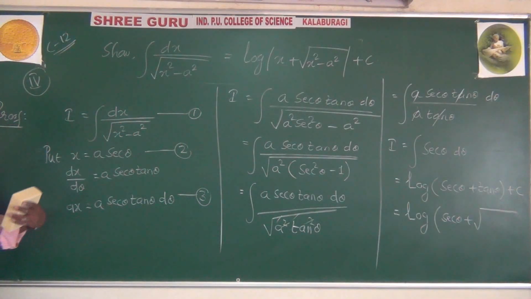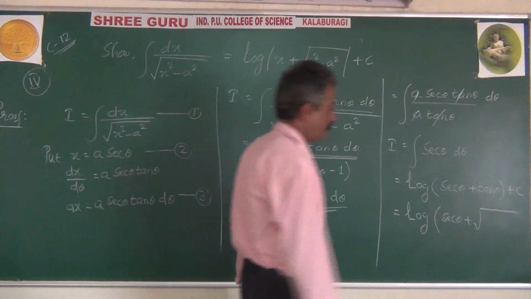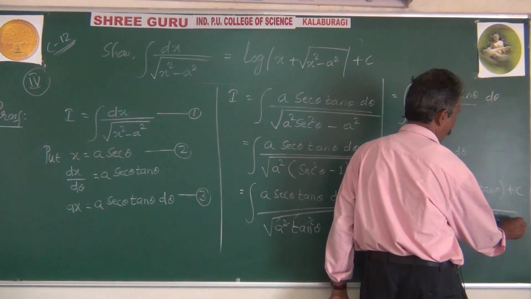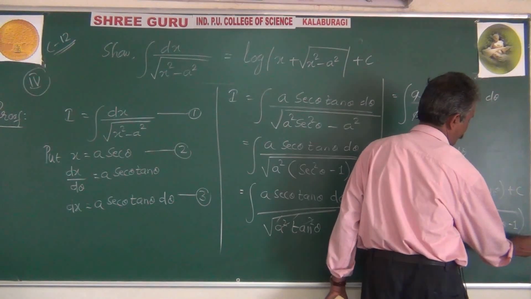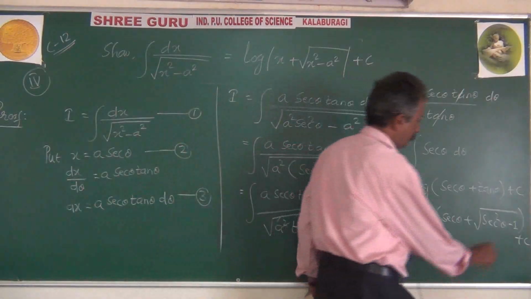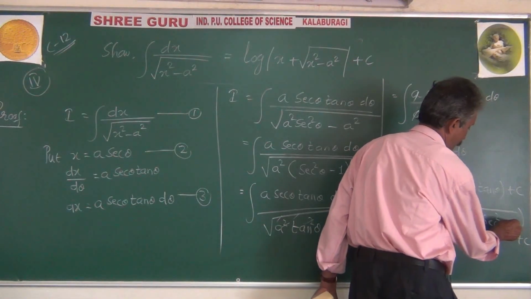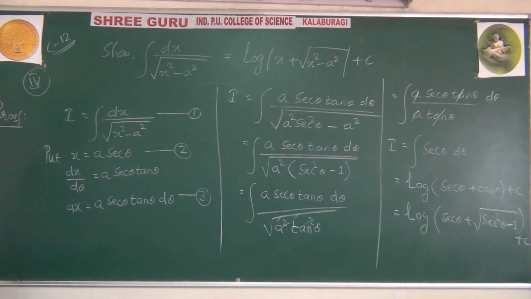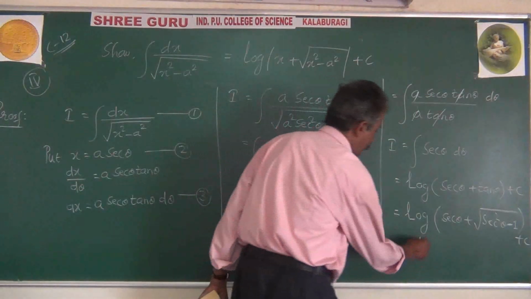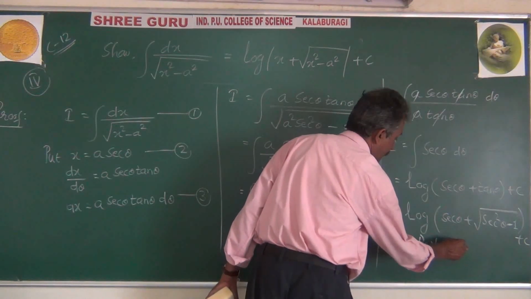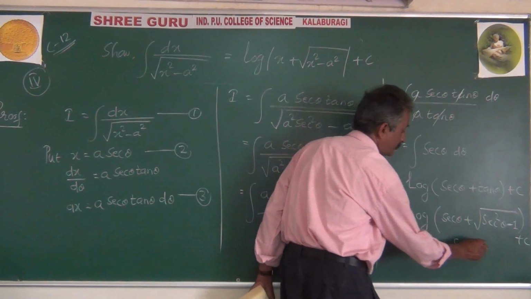Tan theta formula is square root of secant square theta minus 1, plus constant. So that now we can write value of sec theta. Replace sec theta as x by a, I mean replace sec theta is equal to x by a.